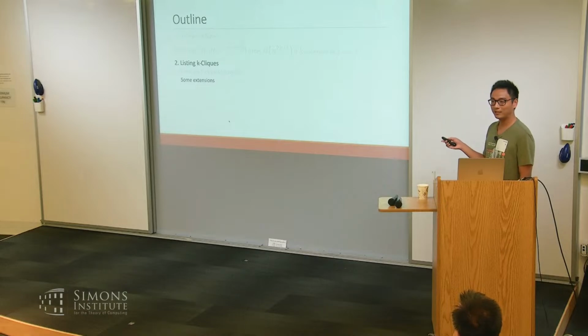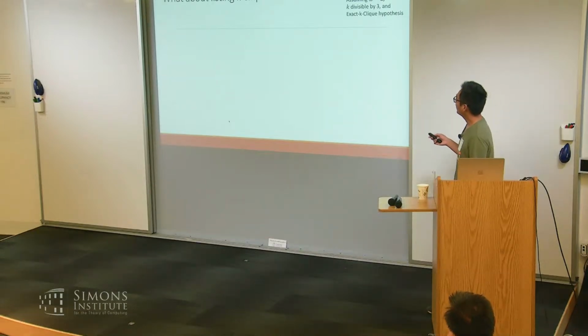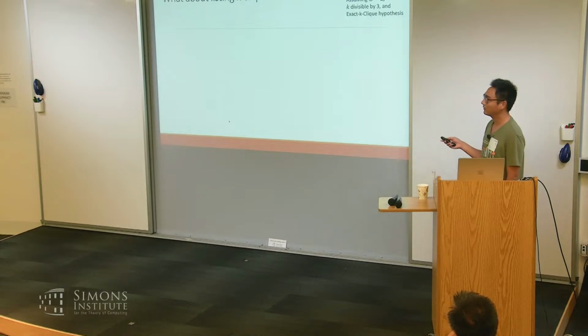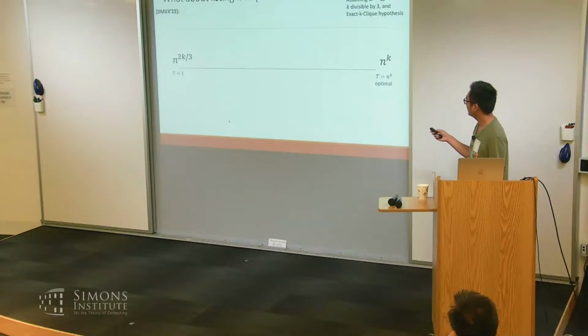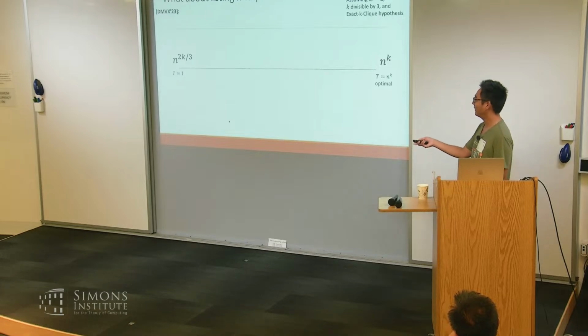So finally, I will mention some extensions to this triangle listing framework. It's natural to ask about listing k-cliques for k greater than 3. And in fact, for k-clique, we know that when there's only one clique, we can list it in n to the 2k minus something over 3 time.